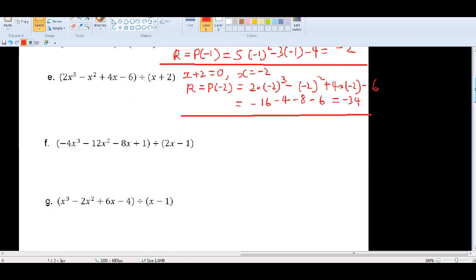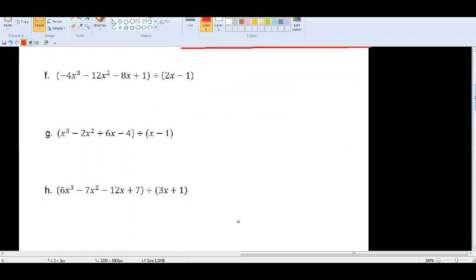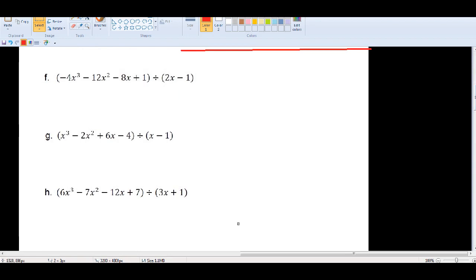Let's see a rather challenging one. So this is F. For F, you see that's 2x minus 1 as divisor. So to find the value that will make the divisor 0, you need to put 2x minus 1 equals 0. The next step will be 2x equals 1.